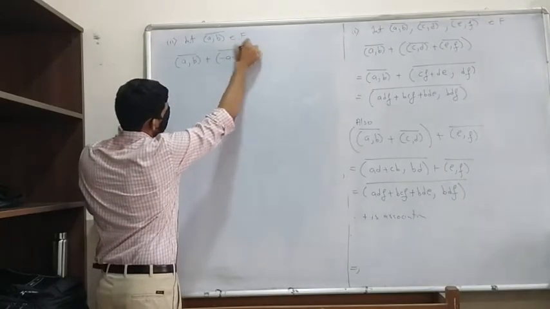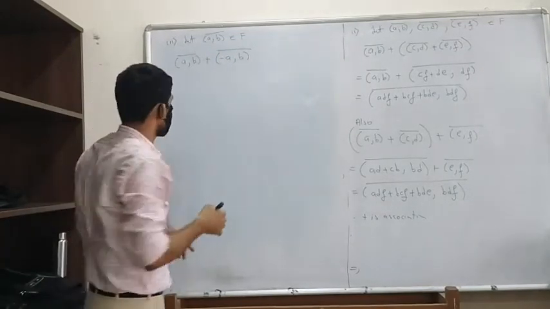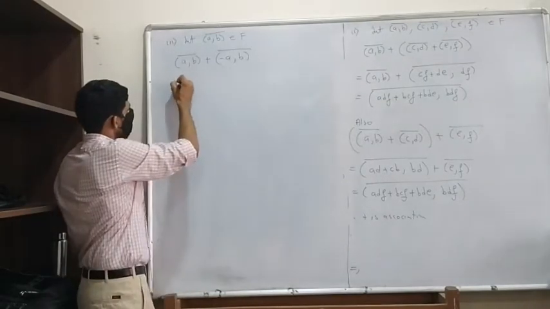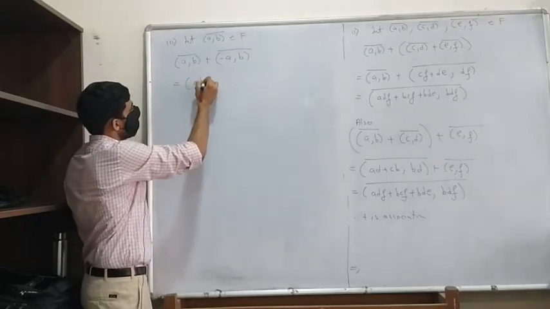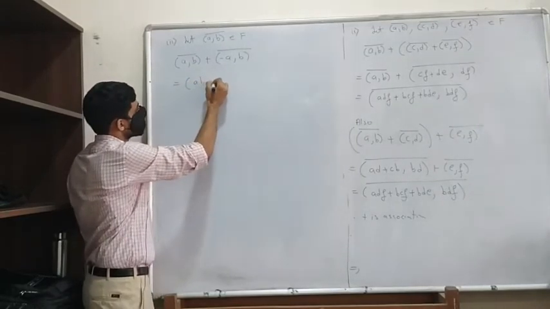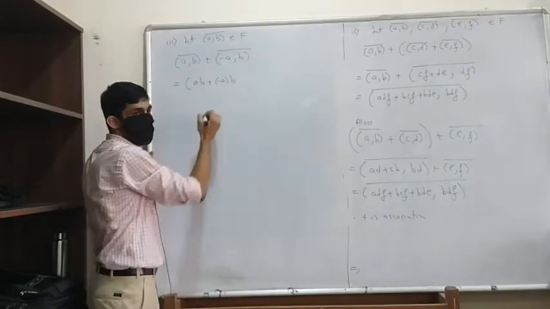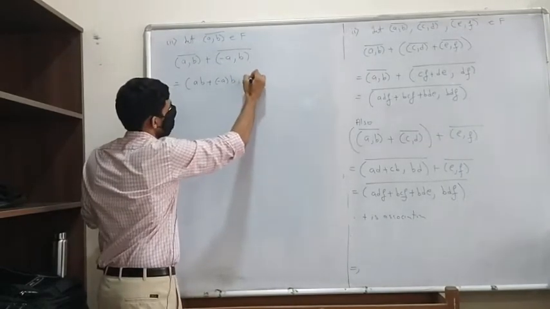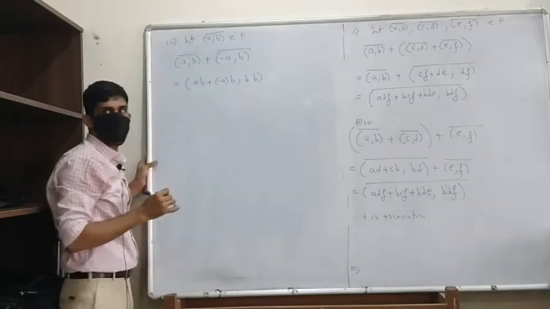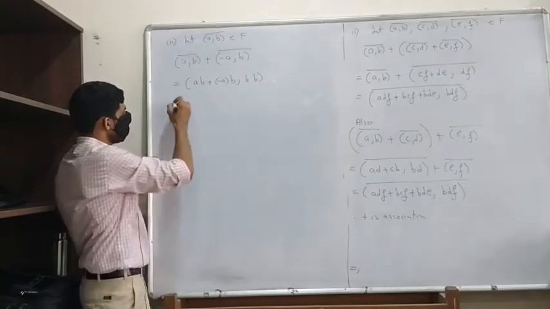And once I show commutative, then I don't need to show the left inverse also. So this will give me, by definition, what is this? AB plus minus AB comma B into B. Okay, if you want to write it as B square, that's fine.